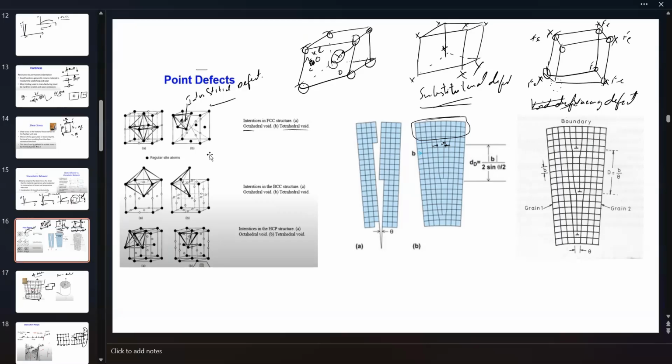Whenever an extra atom comes into your lattice, if it sits in the tetrahedral void, that's the tetrahedral defect, and if the new atom sits in the octahedral void, that's the octahedral defect. You can have a substitution defect where one atom is replaced by another atom, and then you can have a vacancy defect where one atom is completely missing.